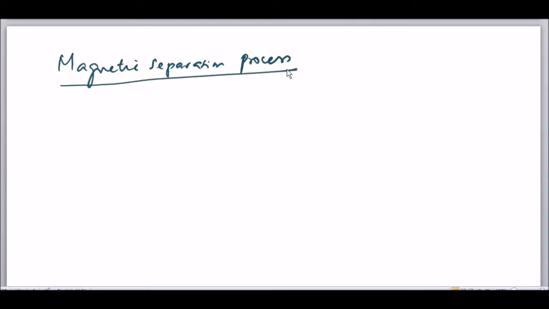The magnetic separation means the metal part which are attracted by the magnet can be separated from the non-magnetic part, the non-magnetic impurities which are present along with this. So the best example is wolframite.